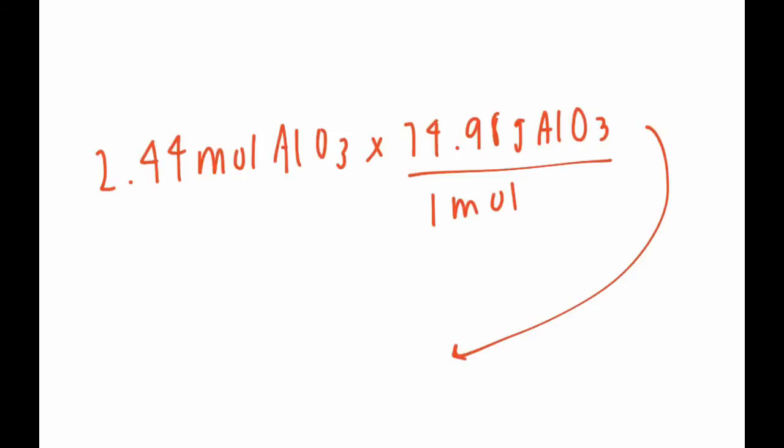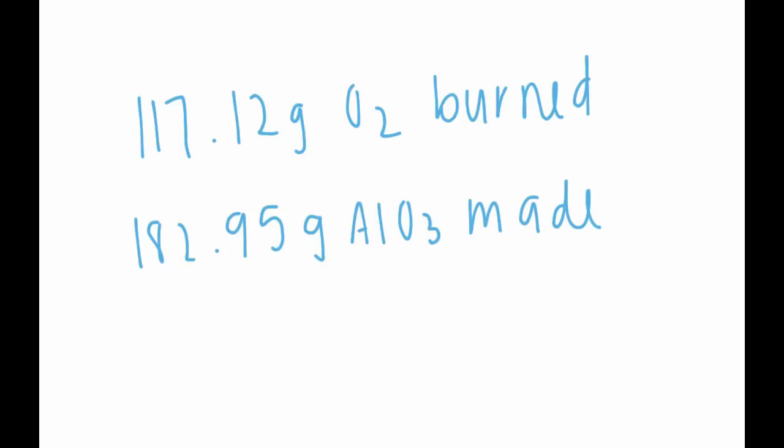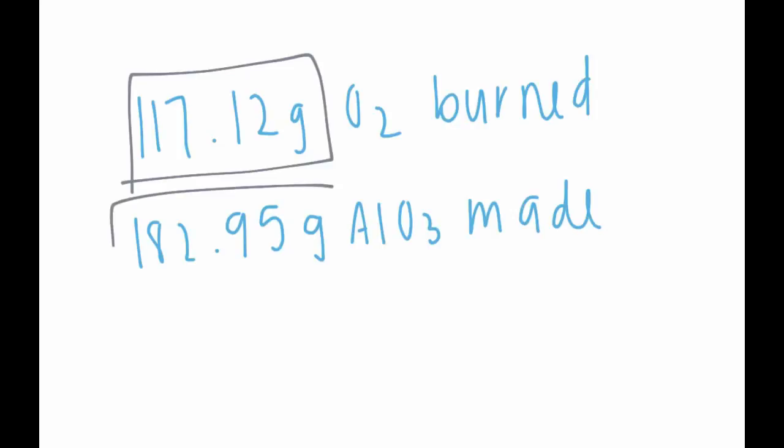So we're going to do 74.98 times 2.44, and that'll give us 182.95 grams AlO3. So for our final answer, we found that 117.12 grams O2 was burned and 182.95 grams AlO3 was made.